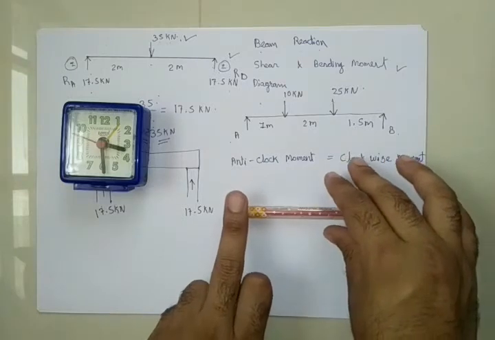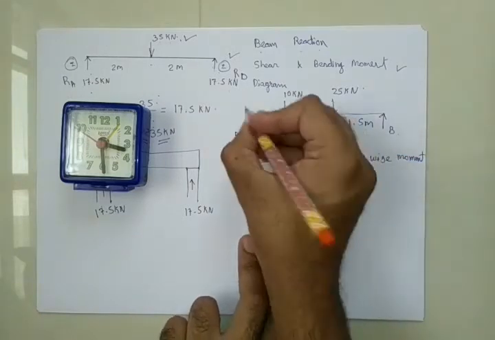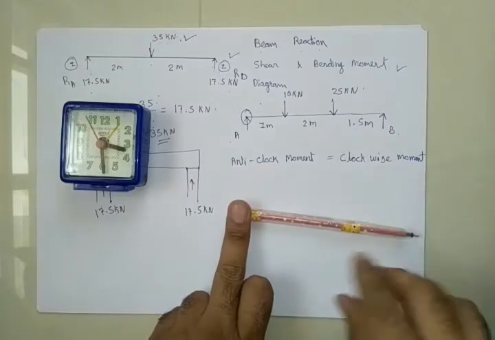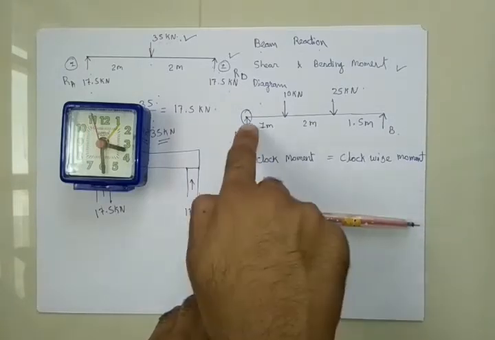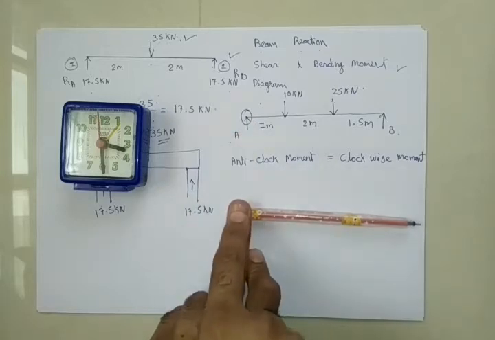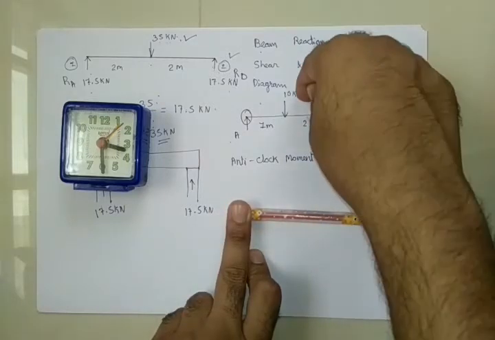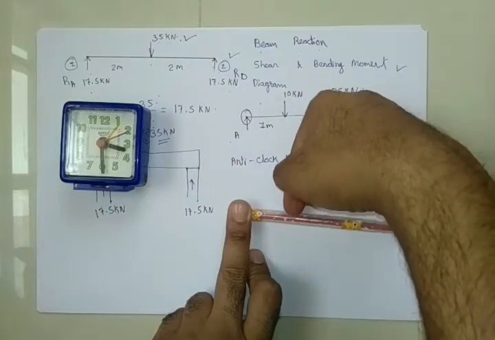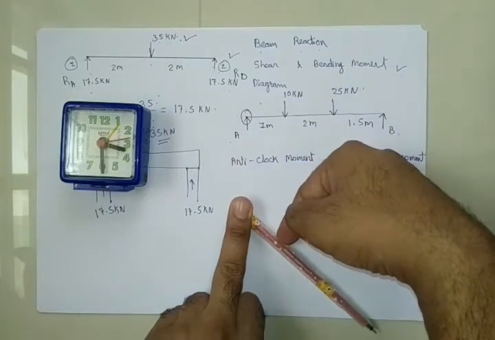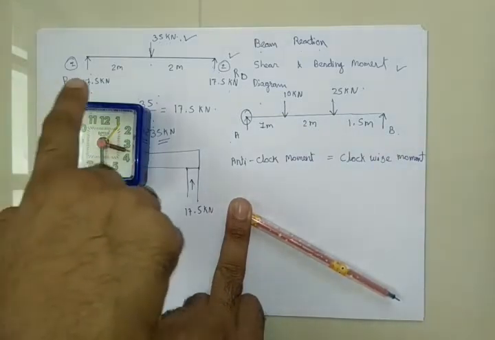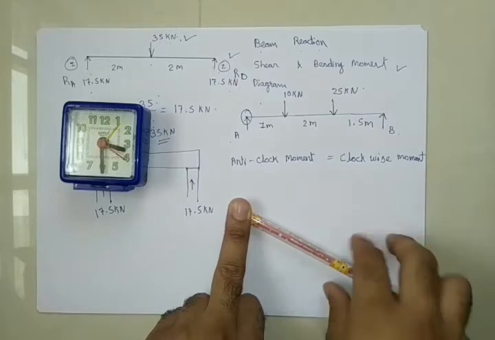If I am taking the reference at point A, then I'll pinpoint at A. Right? I have pinned it at point A. Now, which loads are acting on this beam? So this is the first load. It is going downward. So the moment created was clockwise, because this clock is working like this, right? So this moment was clockwise.